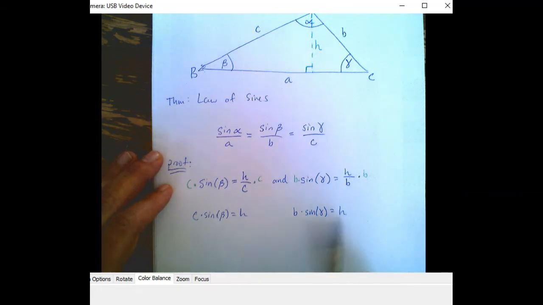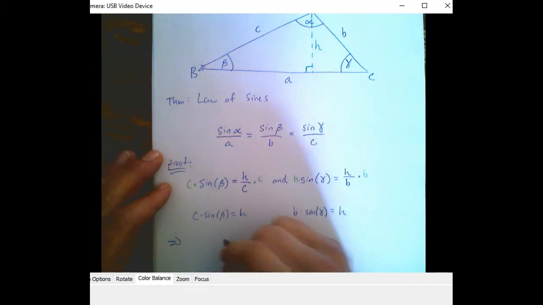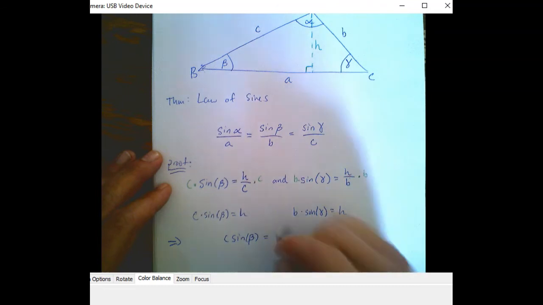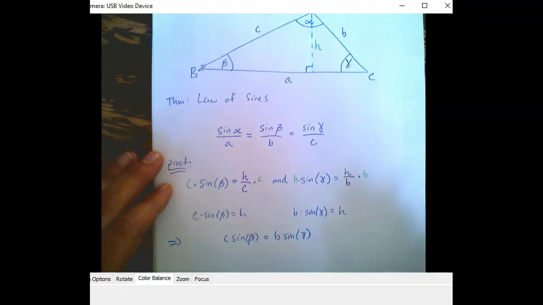Because these h's are the same, they're coming from the same triangle, what we can do is set these two left-hand sides equal to each other. So this implies that c sine beta must be equal to b sine gamma. They're both equivalent to h.